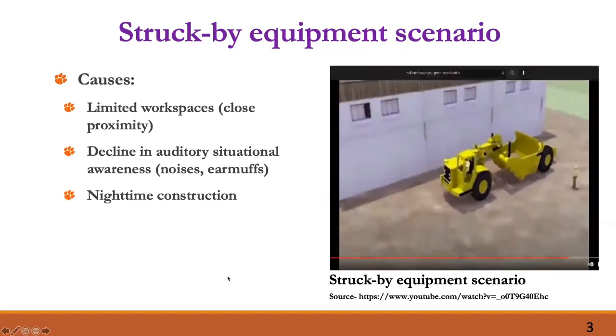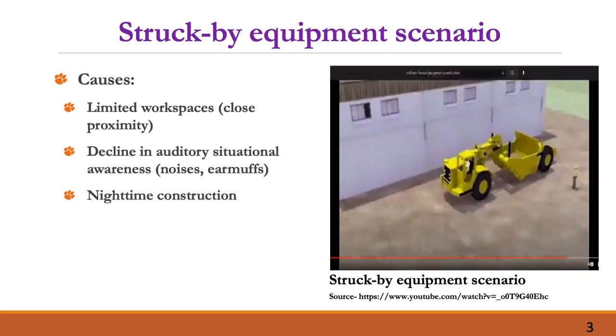As presented in the video, construction equipment is a great thing to have in construction. It can help us increase productivity. We can do things faster, but construction equipment is also a source of construction hazards, especially struck-by equipment hazards. The main cause of struck-by equipment hazards is that workers and equipment share the same workplace, and in many scenarios, a really limited workspace.